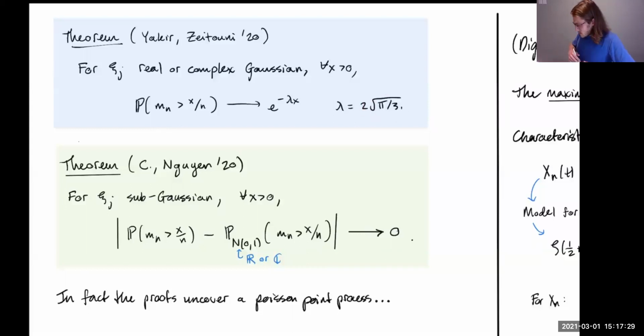Then you're just looking at the distribution of the closest point to some fixed point, in this case 0.